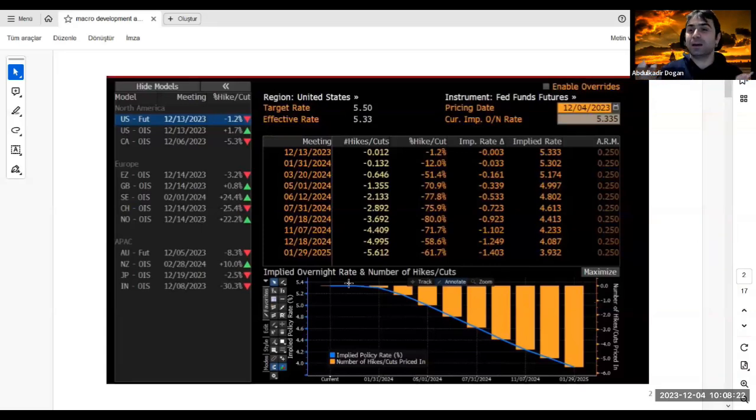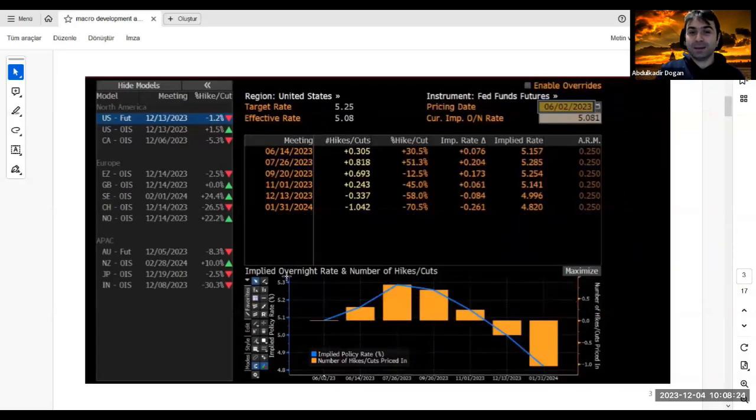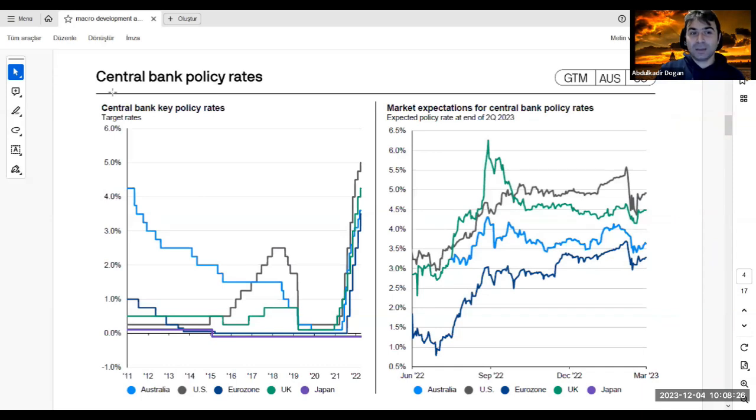What is the reason behind this? The reason is this. Please look at the left-hand side. These are central bank policy rates, starting from 2011 until today. As you see in the picture, the light blue line shows Australia, the black is the United States, the dark blue line is the Eurozone, the green is the UK, and the purple is Japan.